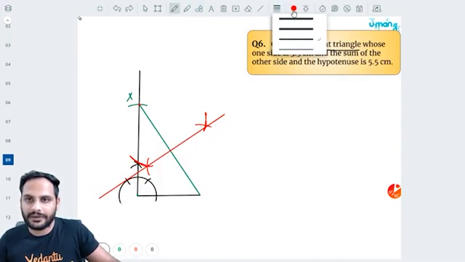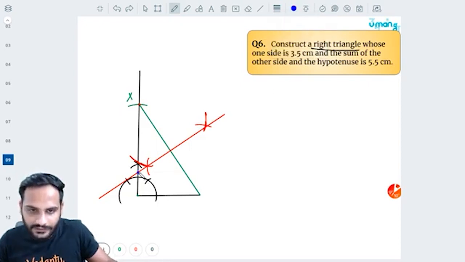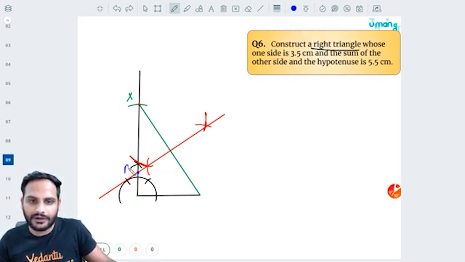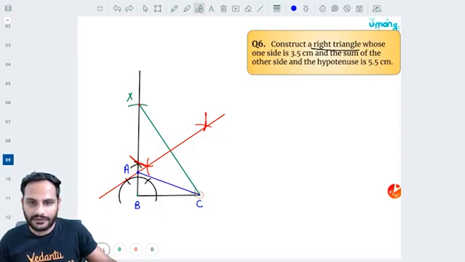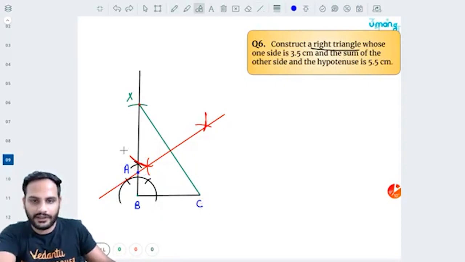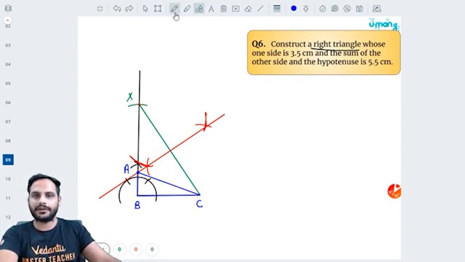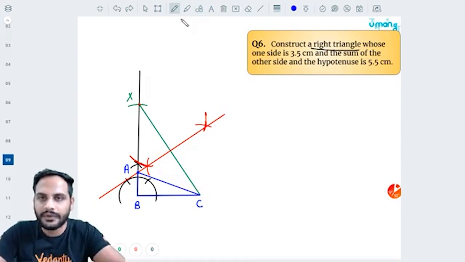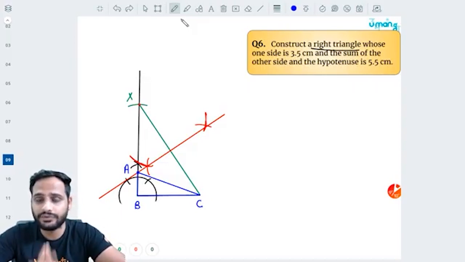Now, wherever the perpendicular bisector is intersecting this original line here, that will be your third point, A. So, A, B, C. Join A with C. So, ABC will be your required triangle. Got it? So, this is how beta you can solve the questions related to the sum of the sides.